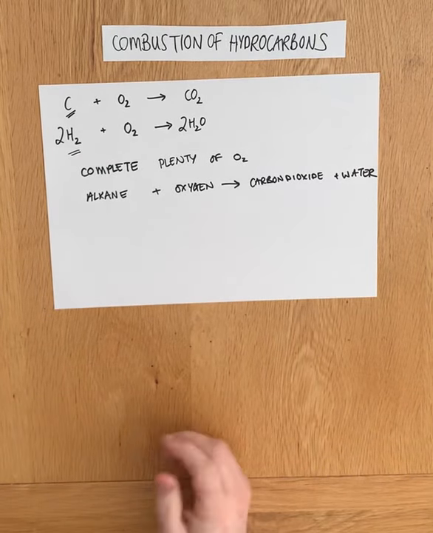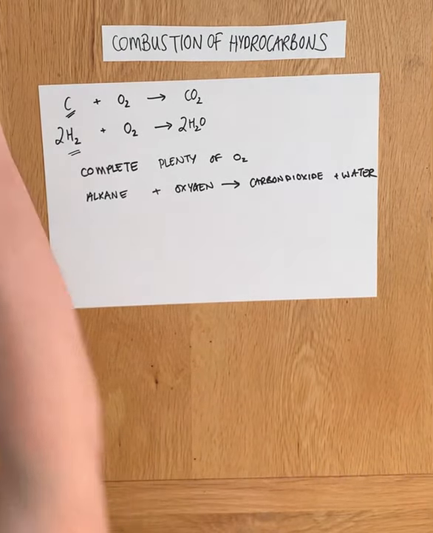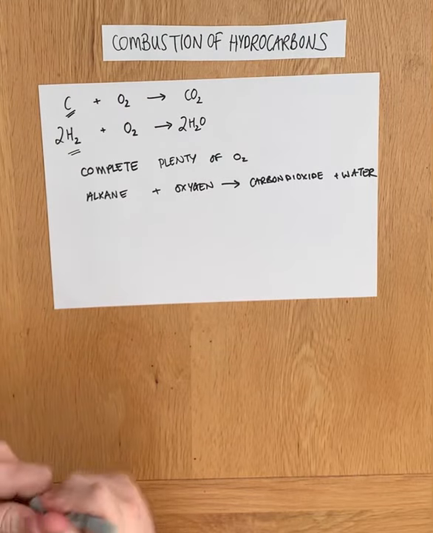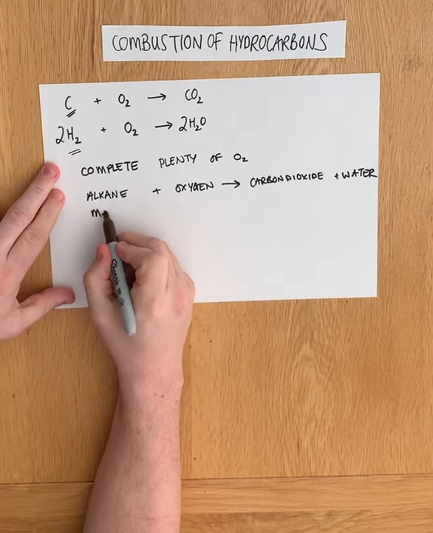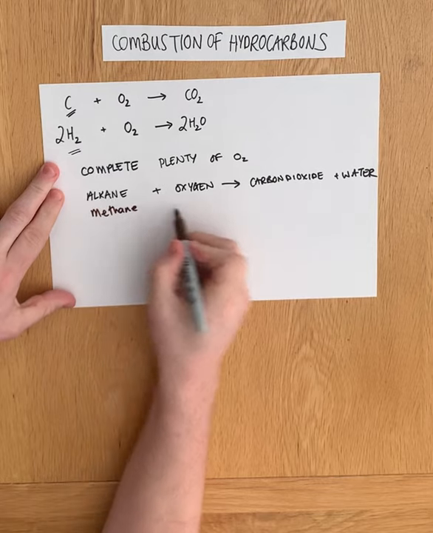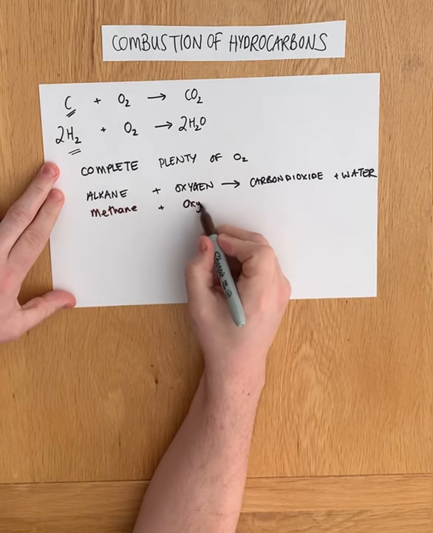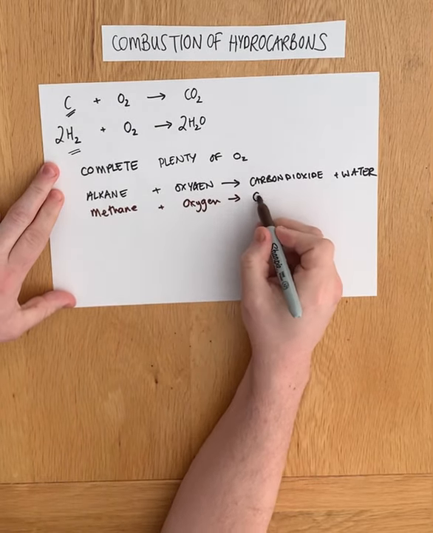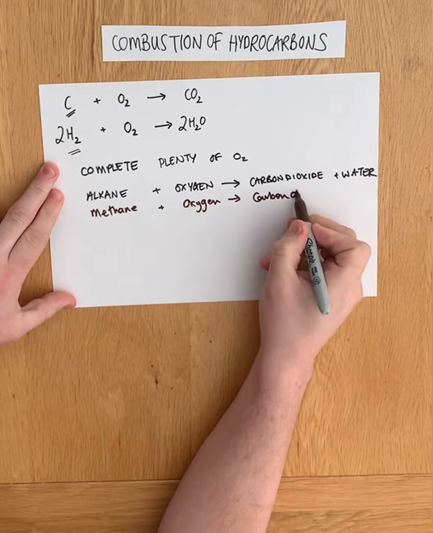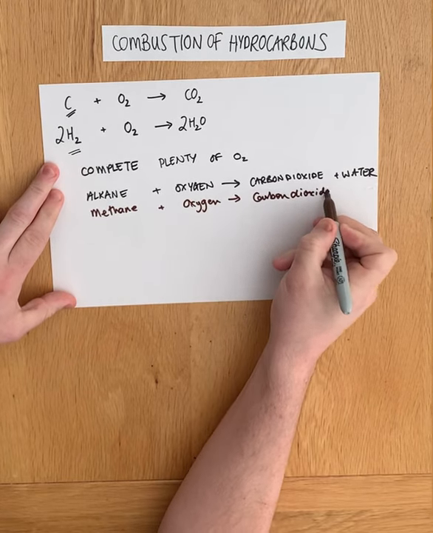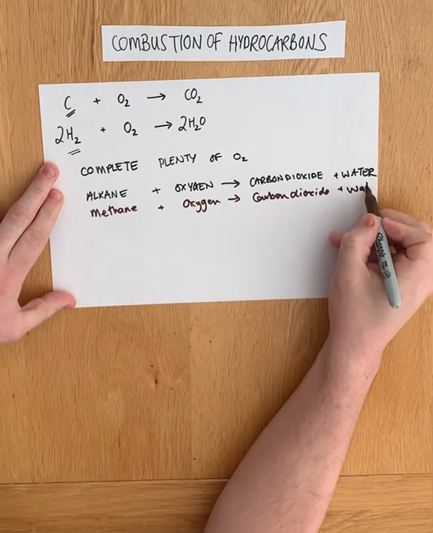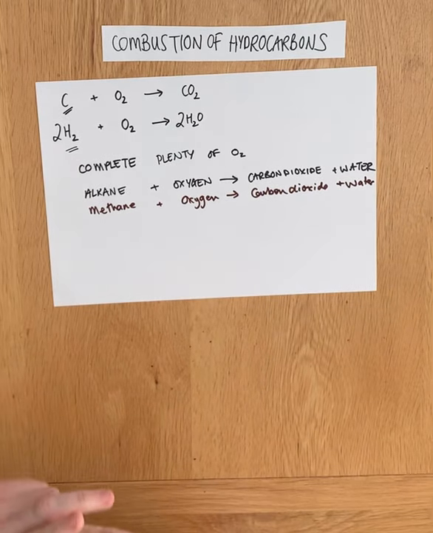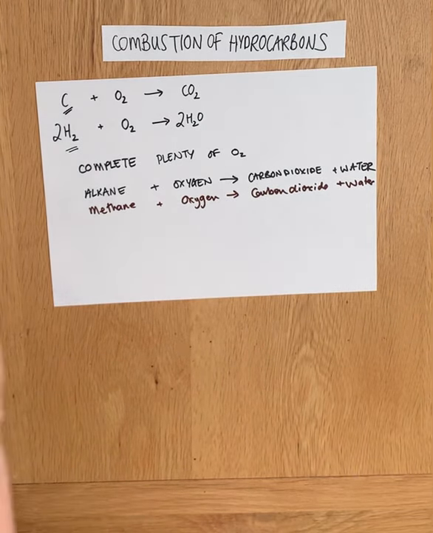Okay, let's have some examples. So our simplest alkane, methane. If methane reacts with oxygen, we will produce carbon dioxide and water, if there's plentiful air supply, so we've got lots of oxygen, we fully oxidize our carbon.